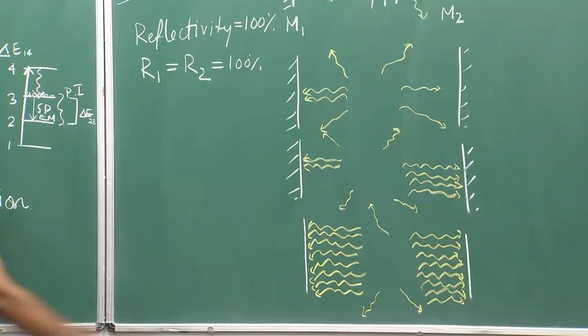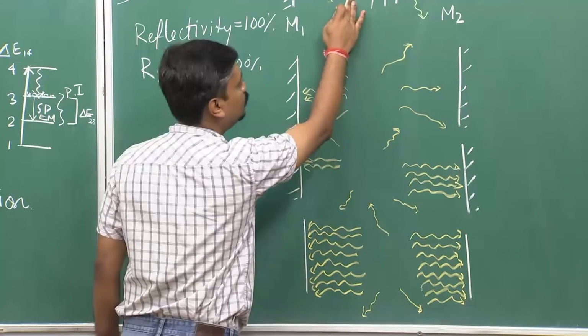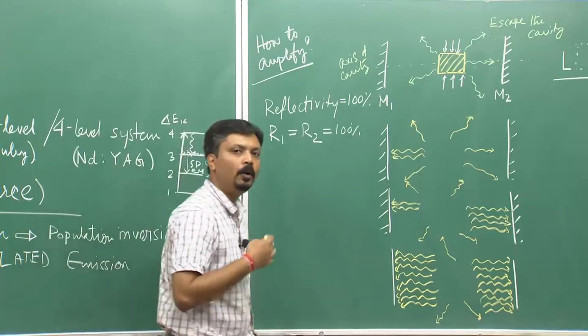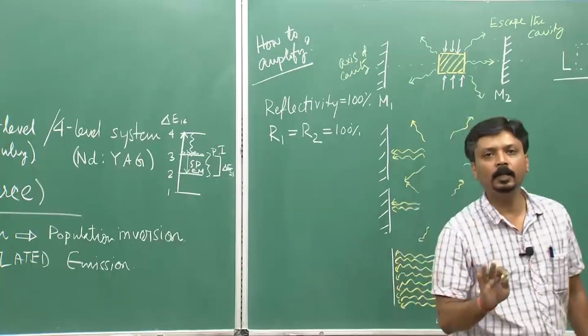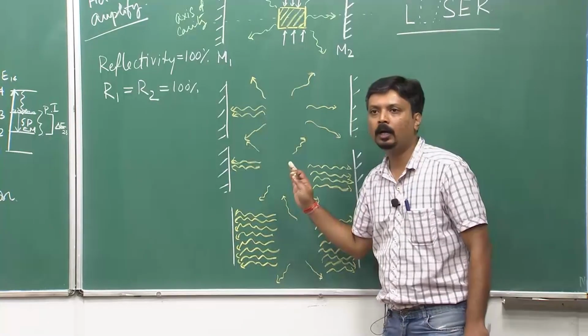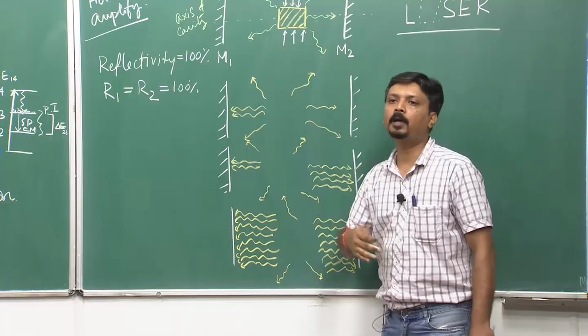Now, coming from this one to this one, we can easily see the ratio of the number of stimulated photons to the spontaneously emitted photons is becoming higher and higher.